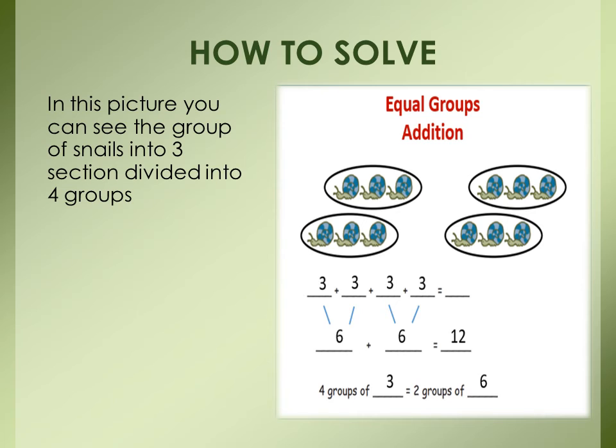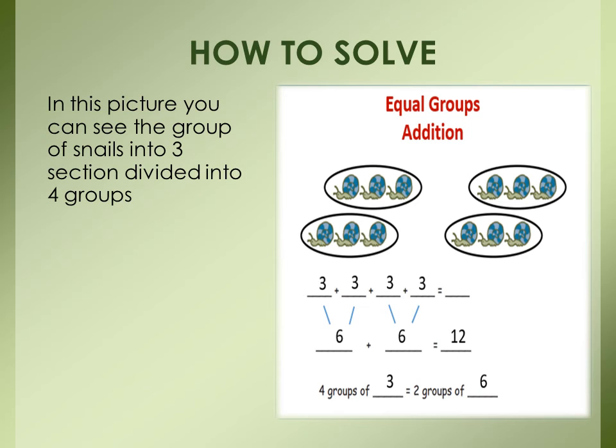In this picture, you can see the group of snails divided into 4 equal groups, as I have already explained. So when we add them, we can add them in a shorter manner also. How? By adding the first 2 numbers, which is 3 plus 3, 6.